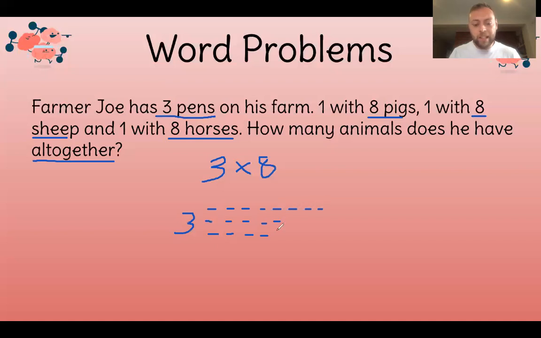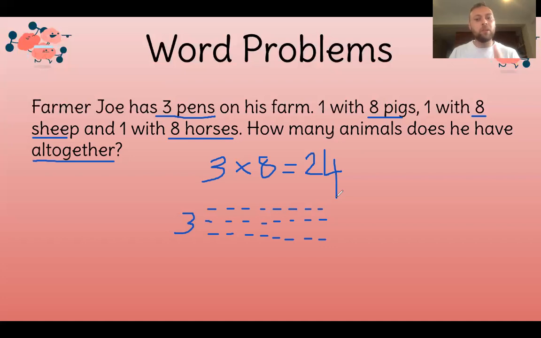And it's really important that we add the right amount, otherwise our answer will go totally bonkers. Okay, so there's my array, 3 times 8. 1 lot of 8, that's the sheep. 1 lot of 8, that's the pigs. 1 lot of 8, that's the horses. So I want to know how many animals that is all together. And my answer is 24.